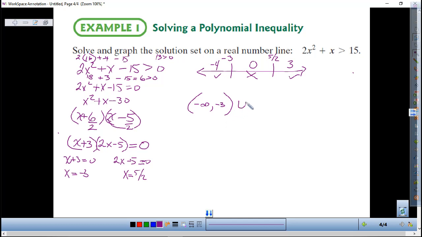All right, and then that's going to be unioned with this part over here, which is from 5/2 all the way up to infinity. All right, so there's my answer in interval notation, but they wanted our solution on a real number line.